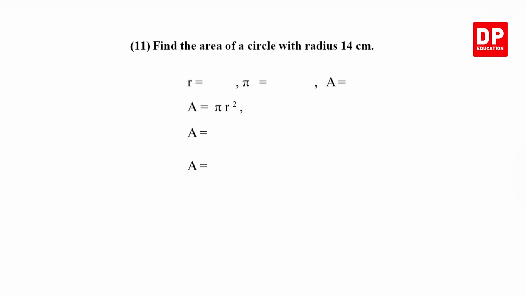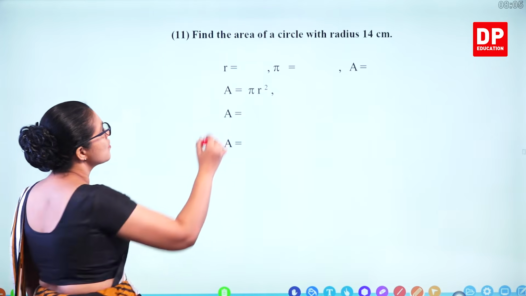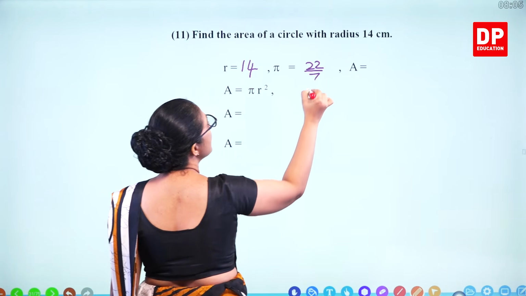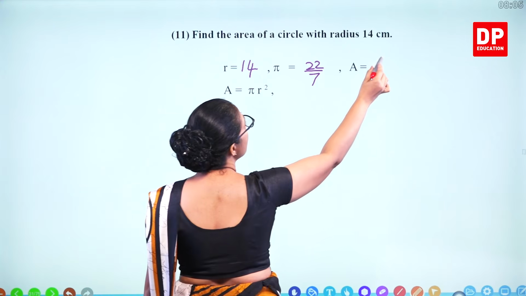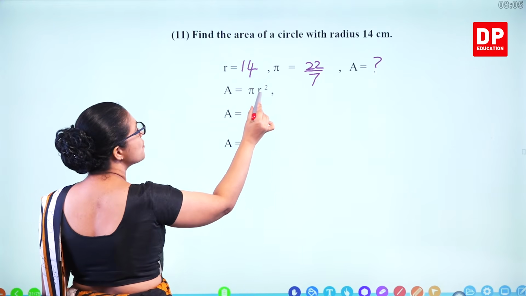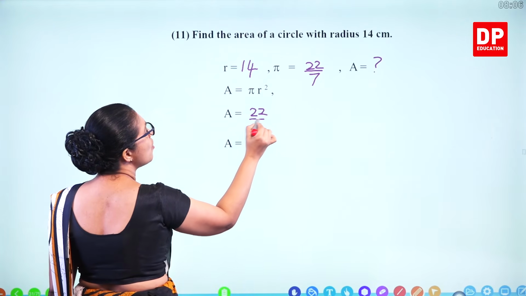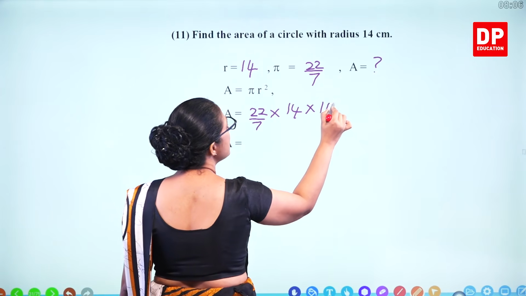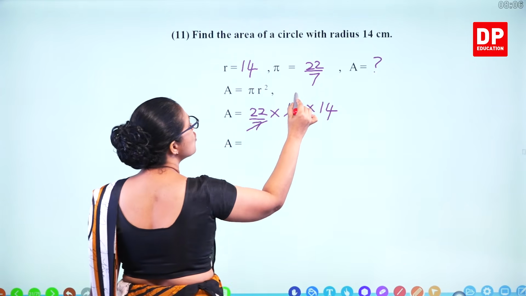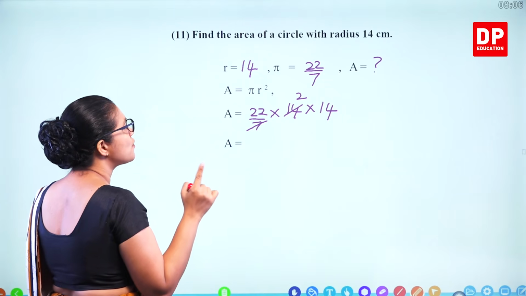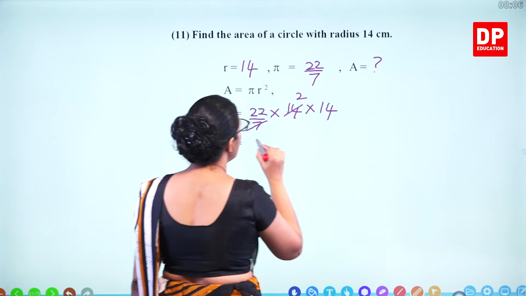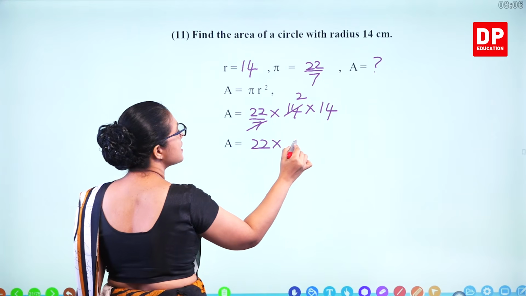Find the area of a circle with radius 14. So radius is 14. Pi will take 22/7. Find the area. So use pi r square. 22/7 times 14 times 14. So 7 times 2 here. So 2 times 14, that's 28. So 22 times 28.